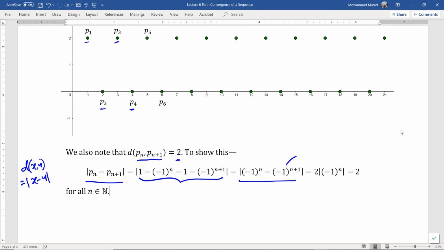This term can be written as negative 1 to the n times negative 1. That negative 1 would make this symbol a plus. So we have two terms of negative 1 to the n, whose absolute value simplifies to positive 2. So we proved that the distance between every two consecutive terms is 2, as shown in the figure.